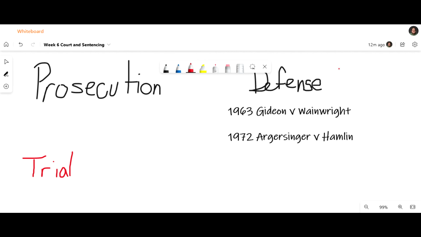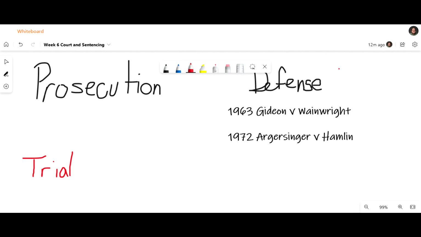Because remember, only evidence presented at the trial can be used for or against an individual. So you can't talk about it outside. You can't do research outside.